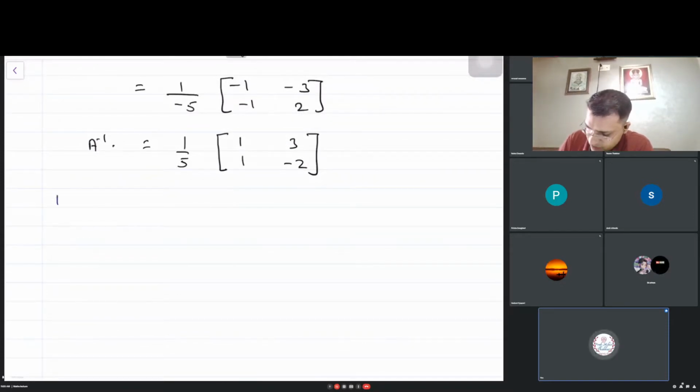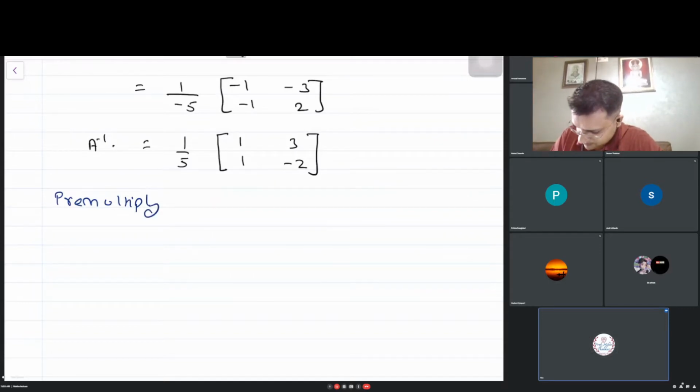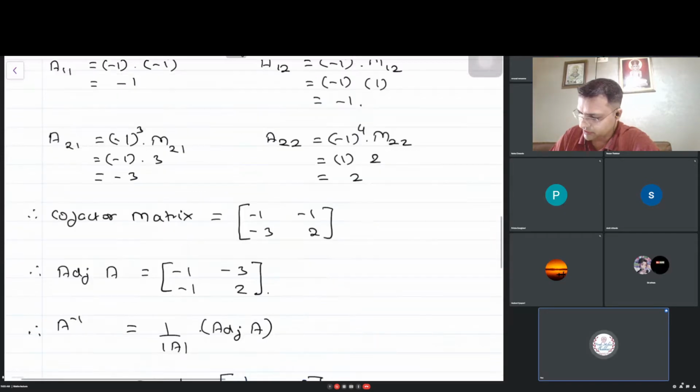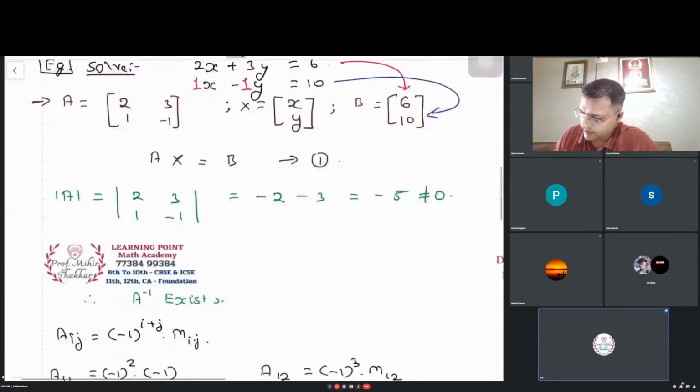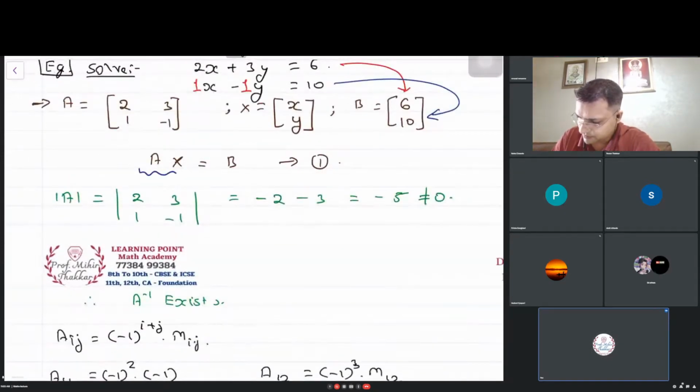I will write over here, pre-multiply equation 1 by A inverse. I have already written the equation 1 over here. Where is it? Yeah, here it is.